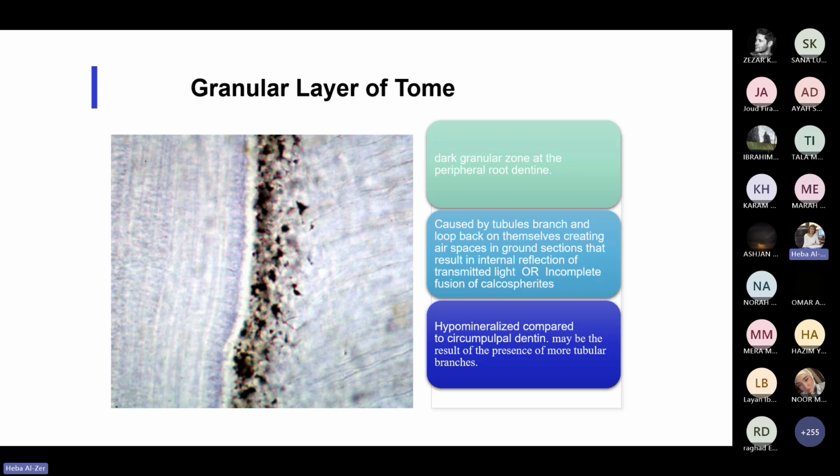The dentinal tubule branching loops, and in ground sections, these loops are filled with air. That's why they look black like this. And because they are more profuse in the root area, they are seen in the root, but not in the crown. Of course, underneath it, we can see the interglobular dentine. We will see that later in some histological sections.